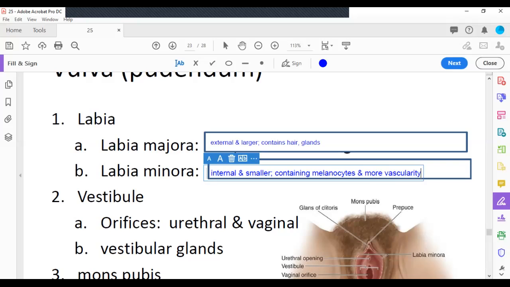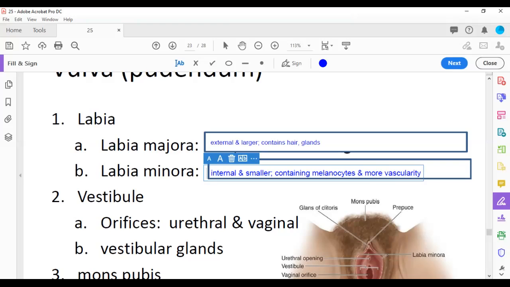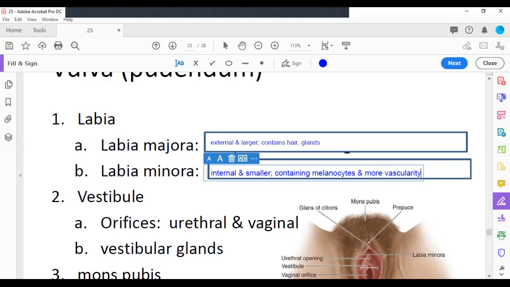The labia minora is internal and smaller, containing melanocytes and more vascularity, while the labia majora contains hair and glands such as oil and sweat glands.